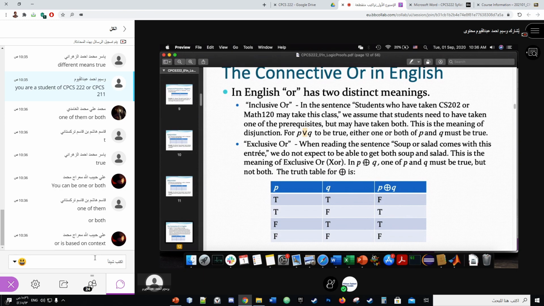But when we use the exclusive or symbol, it means only one of them is true. So the truth table is different. If both are true, it is false. If one of them is true, the resultant is true. If both are false, it's false. This is the difference between inclusive or, which is this symbol, and exclusive or, which is this symbol. So here it is very clear which or we are talking about.